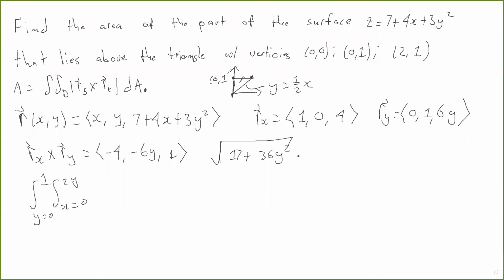This is 0, 1. This is 2, 1. And then we're going to integrate the square root of 17 plus 36y squared dx dy.